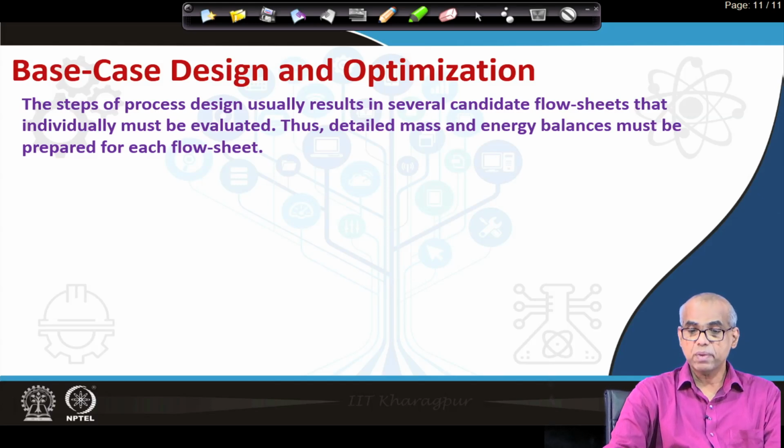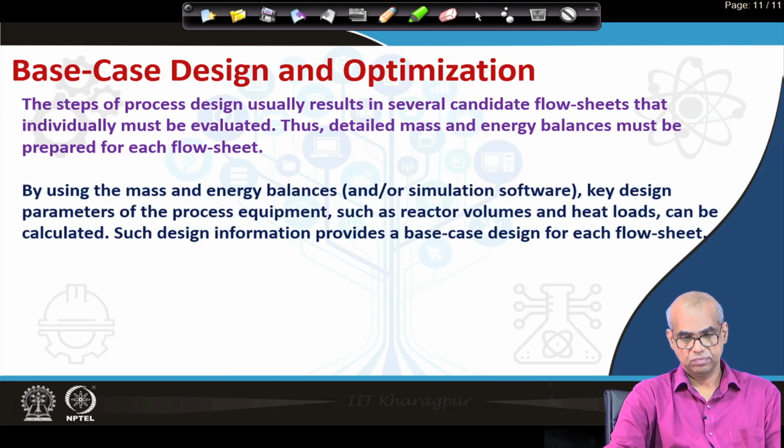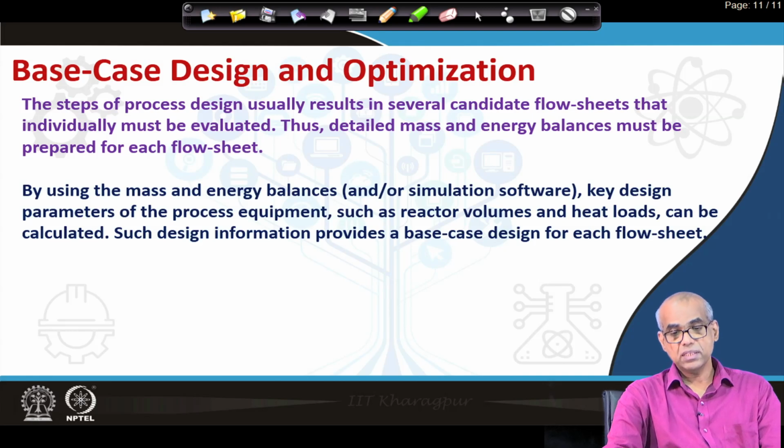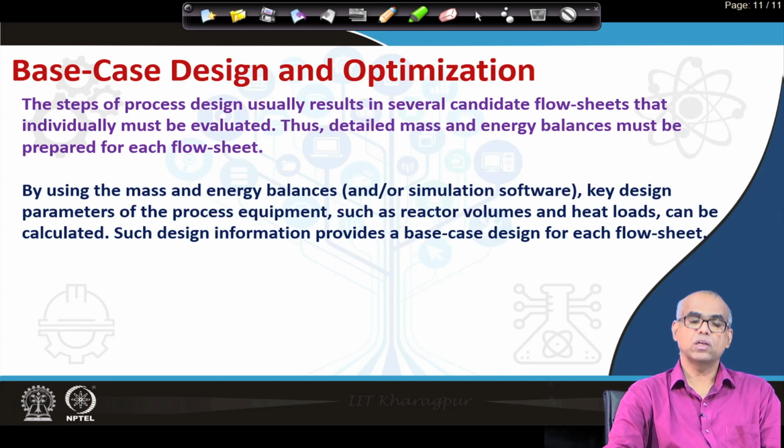Thus, detailed mass balance and energy balance are required for each flow sheet. By using the mass and energy balances and or use of simulation software, key design parameters of the process equipment such as reactor volumes and heat loads can be calculated. Such design information provides a base case design for each flow sheet.